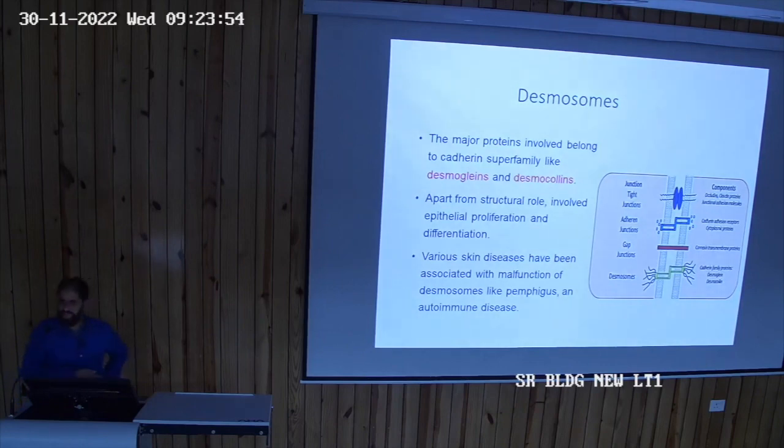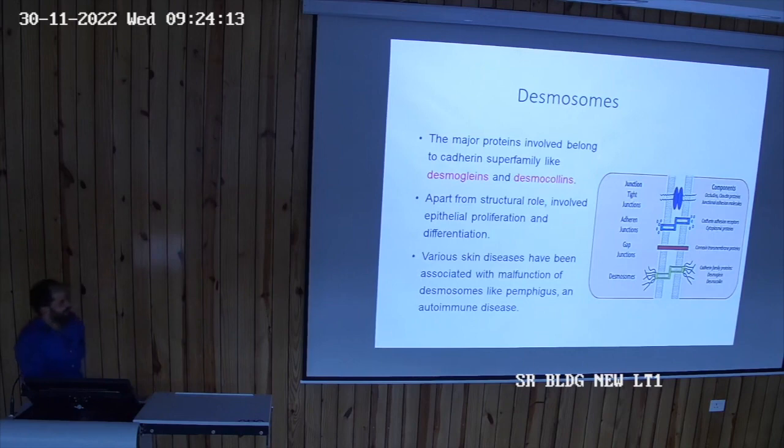उसमें क्या होता है, स्किन में specially disease होता है that is called pemphigus, है ना. पेम्फिगस में क्या होता है, जो आपका connection होता है ना, वो fragile होने लगते हैं, सेल का कनेक्शन weak होने लगता है ना.